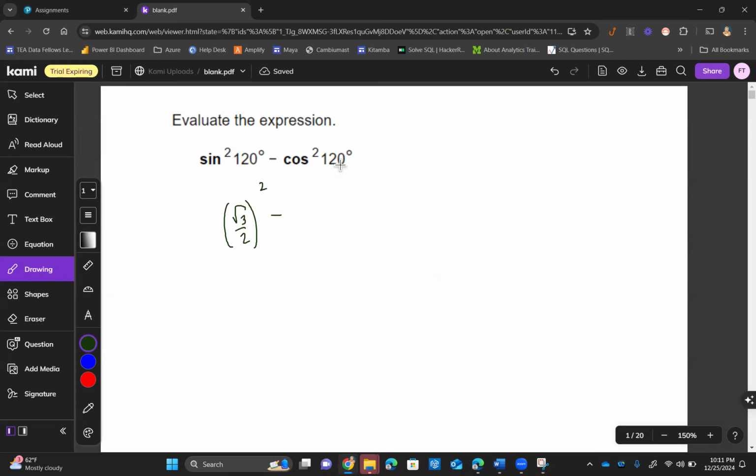Again, the reference angle is 60 degrees, so cosine of 60 is 1/2, but for 120, the cosine value will be negative because in quadrant 2, cosines are negative. So when I square √3/2, √3 squared is just 3, 2 squared is 4. And then when I square this, that's 1/4. And when I subtract these two fractions, I get 2/4, which is the same thing as 1/2.